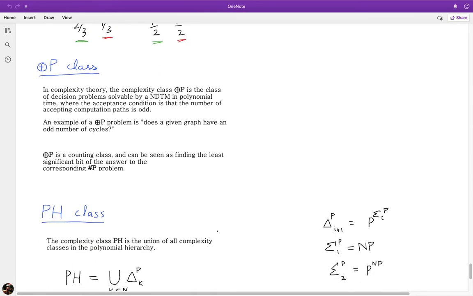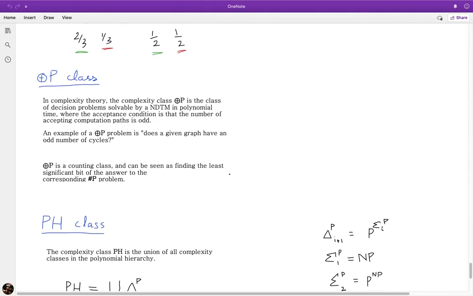Now let us move on to another complexity class called parity P. In complexity theory, the complexity class parity P is the class of decision problems solvable by a non-deterministic Turing machine in polynomial time, where the acceptance condition is that the number of accepting computation paths is odd. As we know, the class #P is concerned with finding out the number of accepting paths, but in parity P we are just concerned with whether the number of accepting paths is odd or not.